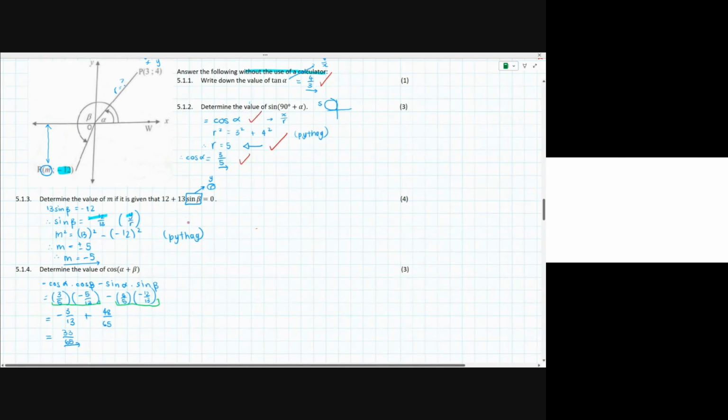The 4 marks in 5.1.3 is for the standard form, so isolating your sine beta, the Pythagoras calculation, essentially understanding how to simplify and getting the appropriate negative answer for m, and then your last question is the compound angle expansion, the substitution, and your answer. Like I say, we're not super concerned about the working out here. So when in doubt, rather use your calculator so you are actually getting the answers. If you feel very strongly, you would have to be finding LCDs and multiplying your fractions appropriately. But guys, that's 11 marks.